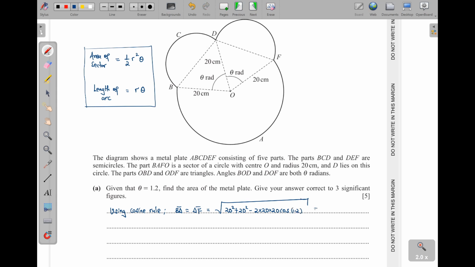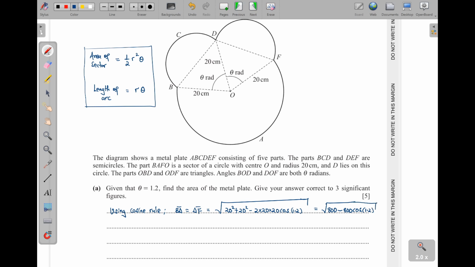So simplified, this is 400 plus 400, that will be 800. Then minus, this one is also 800, so 800 cosine of 1.2. So I can leave it there.